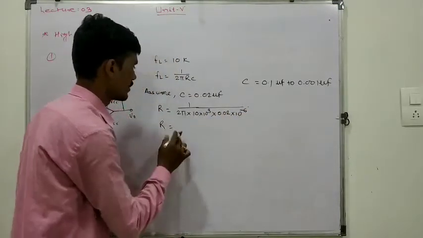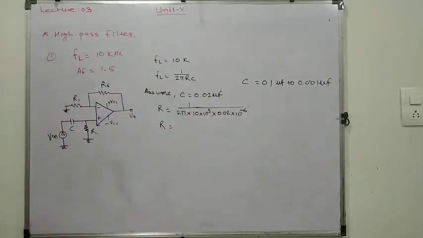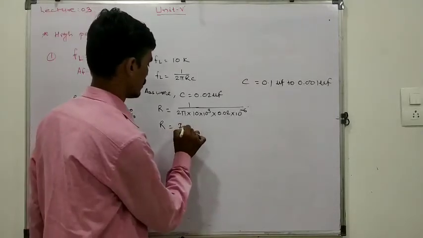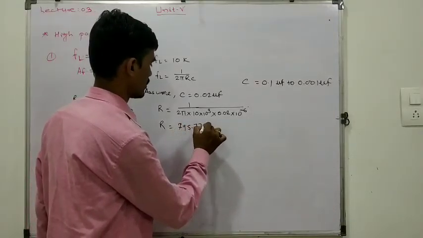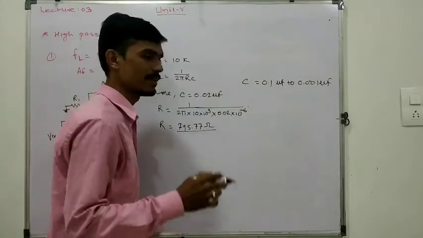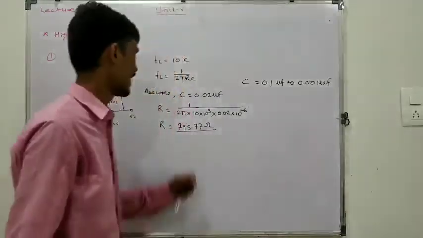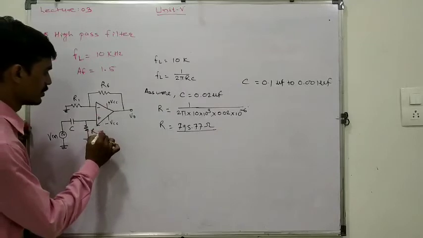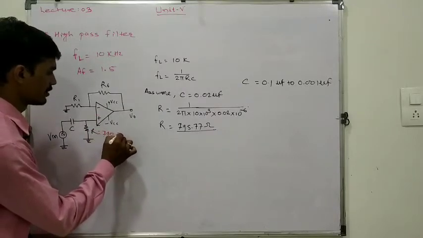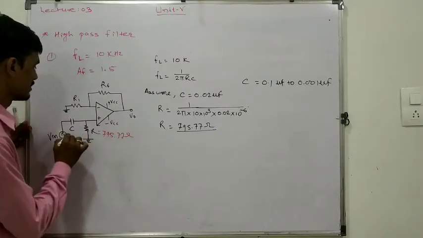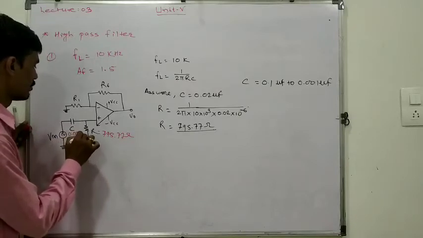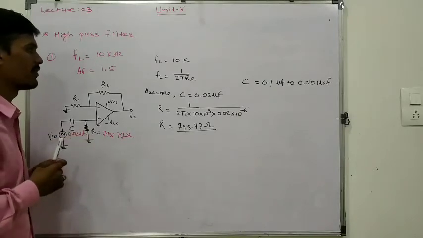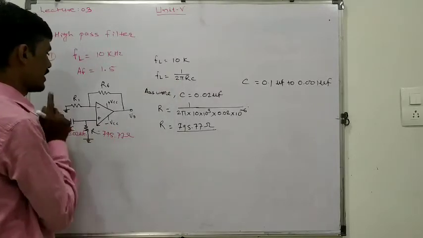When we calculate this, we get R equal to 795.77 ohm, or about 0.79 kilo ohms. So this is the value of R and C.